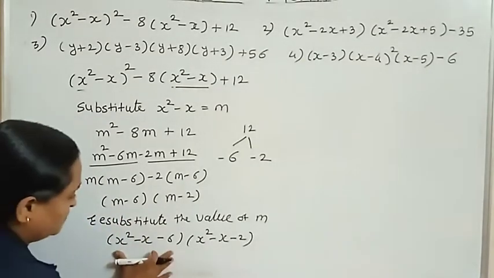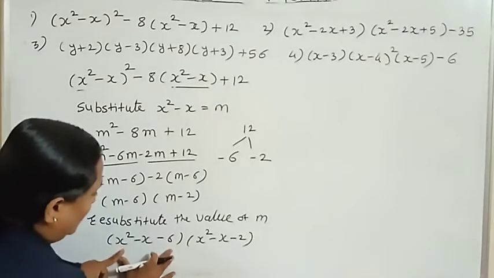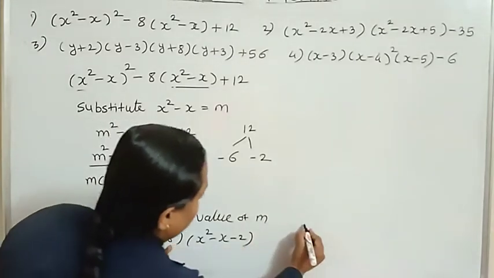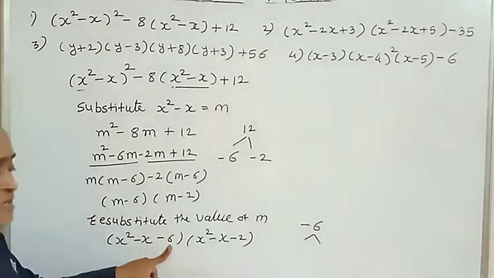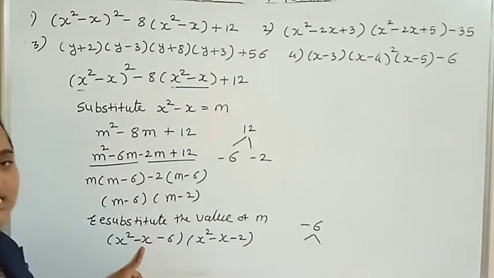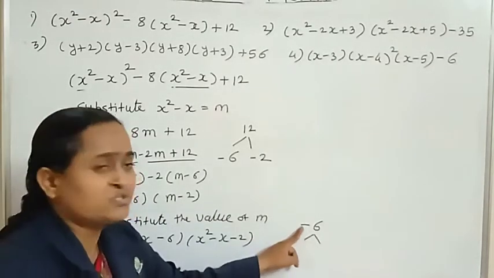See the first bracket, x square minus x minus 6. For this bracket, the third term is minus 6, means minus 6 multiplication. We want two numbers whose multiplication is minus 6 and difference is 1. Why 1? Because a negative sign is there.